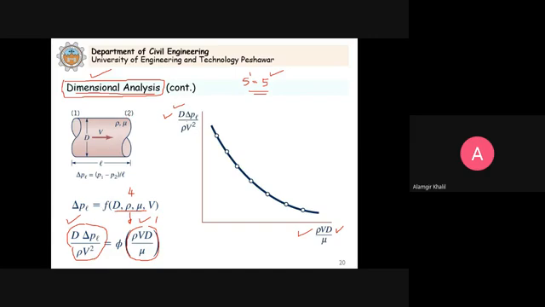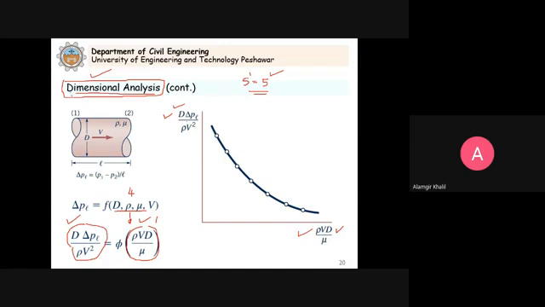It helps us in the design of experiments. It helps us to establish a functional relationship with minimum effort. Of course, the idea here is that we reduce the number of parameters from 5 to just 2 parameters, dimensionless groups, dimensionless products.